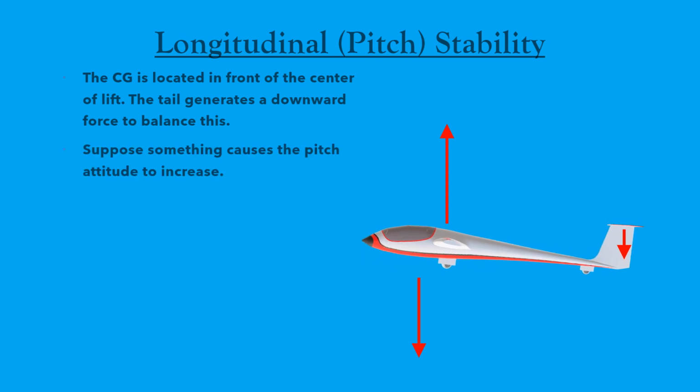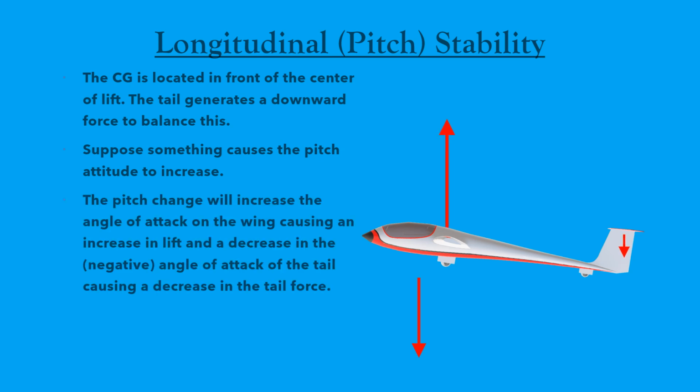Now suppose that there's some sort of a disturbance which causes the pitch attitude to increase. When that pitch change happens, that will increase the angle of attack on the wing and cause the amount of lift produced by the wing to increase.